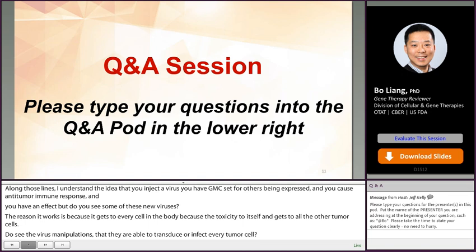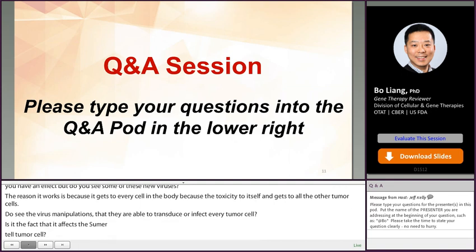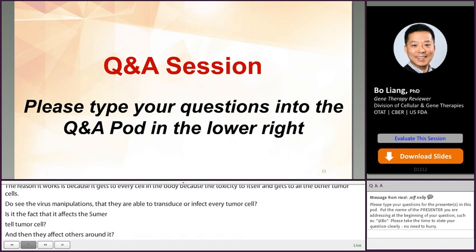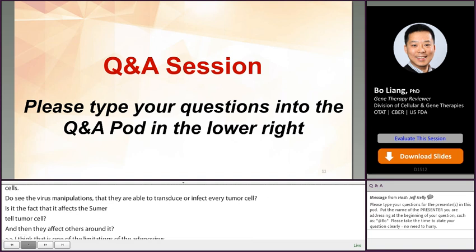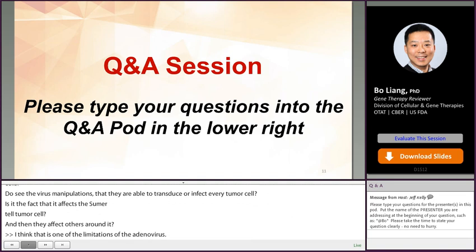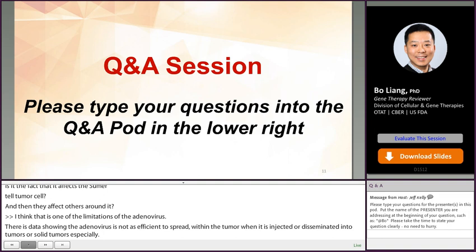Yeah, that's a great question. I think that's one of the limitations for adenovirus, because there's some data showing that adenovirus is not as efficient at spreading within tumors when injected or disseminated into solid tumors especially. So that's why there are more new viruses like Newcastle disease virus, vesicular stomatitis virus, and vaccinia virus.